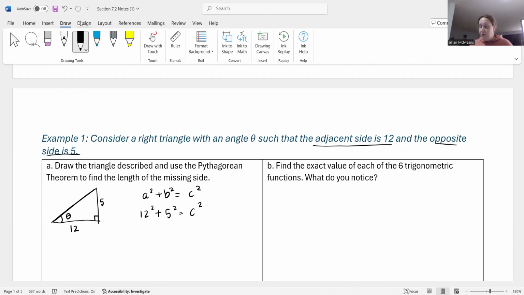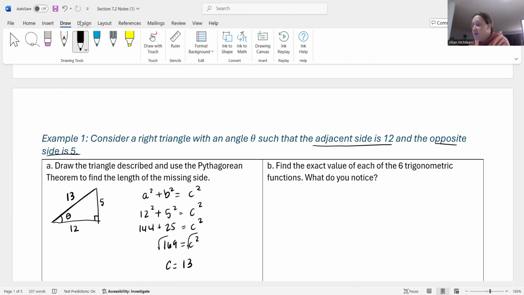So let's see, 12 squared is 144. 5 squared is 25. 144 plus 25 is 169. So we get c squared is 169. If we take the square root of both sides, technically c is equal to plus or minus 13, but since we're talking about the length of a triangle, in this case, we're going to say c is positive 13. So this is 13 right here.